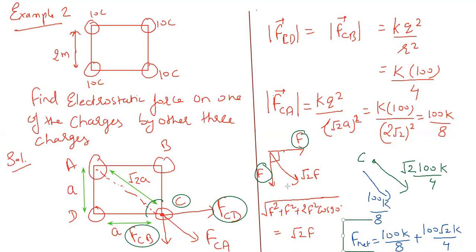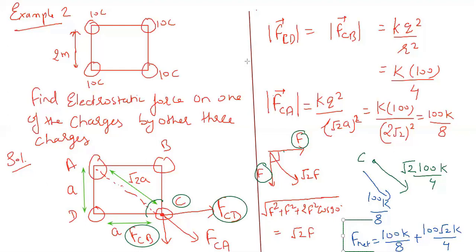Okay. So in this case, what we did, we were asked about the net force on one of the charges. All other three charges will apply some force, and we were adding them vectorially. First of all, we drew all the forces, and then we solved them vectorially, because when adding vectors we have to follow the vector law of addition.